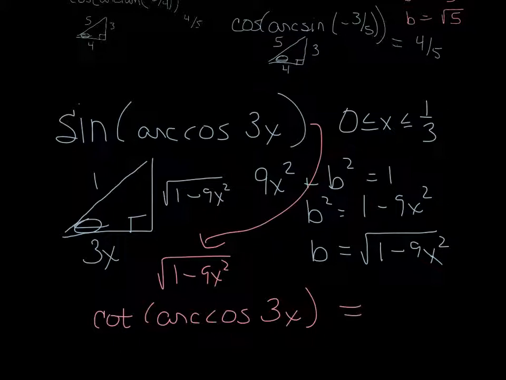Would it be 3x over the square root of 1 minus 9x squared? Okay, on that one, you can leave it like that, but you are absolutely right. Makes sense, cotangent is adjacent over opposite.